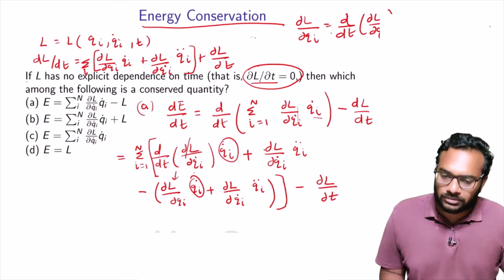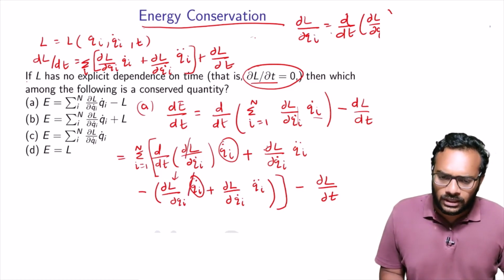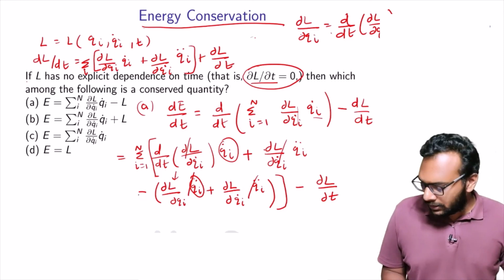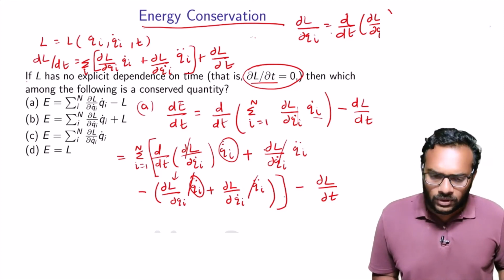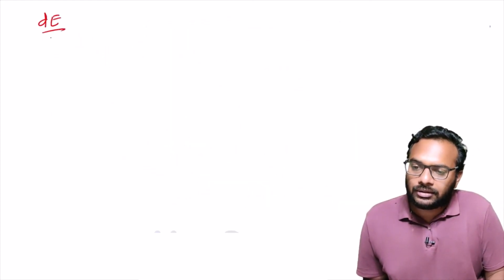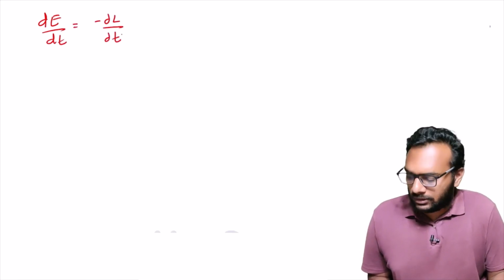So these two terms cancel. These terms also cancel, ∂L/∂qi dot times qi double dot and ∂L/∂qi dot times qi double dot, because there's a minus sign here. So this says that dE/dt is equal to minus ∂L/∂t.